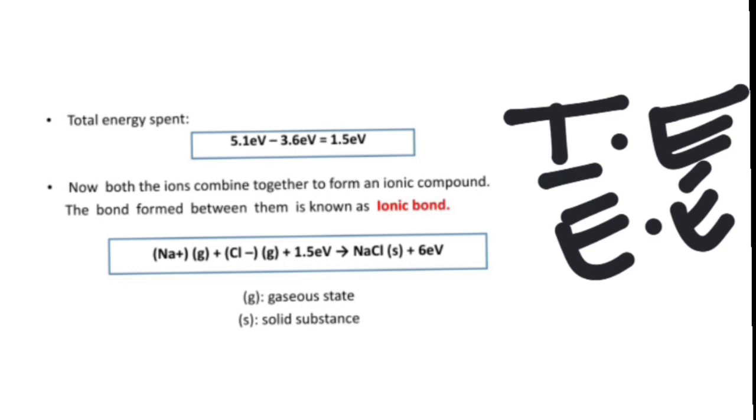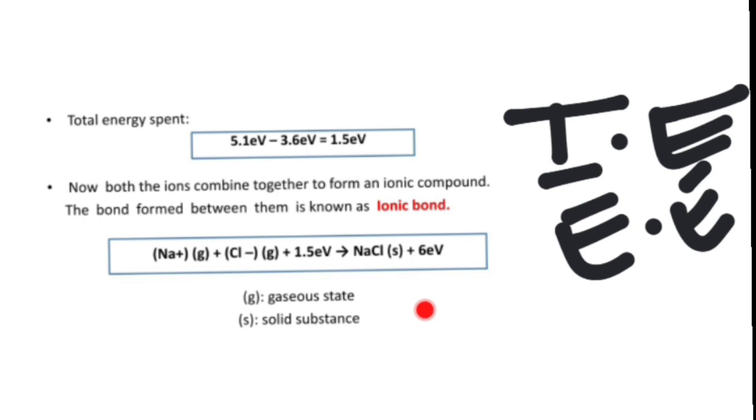The difference of energy between these two is 1.5 electron volt. This is supplied to the ions, thereby forming the NaCl ionic compound. The bond present between them is the ionic bond and it releases 6 electron volt of energy.